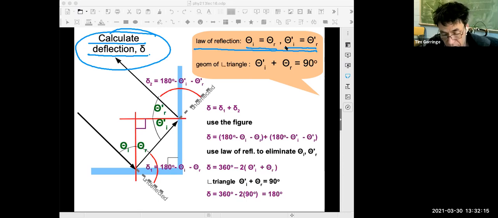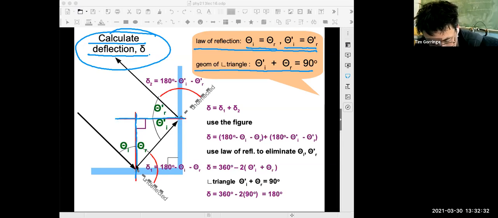I'm going to use that in solving this problem. And then I'm also going to use this little piece of geometry here. When I drew this picture, I made a right angle triangle. There's a vertical side here, a horizontal side here, and a hypotenuse, which is this intermediate ray between the incoming and the outgoing rays. Together, the horizontal, the vertical, and the intermediate ray form a right angle triangle, right?